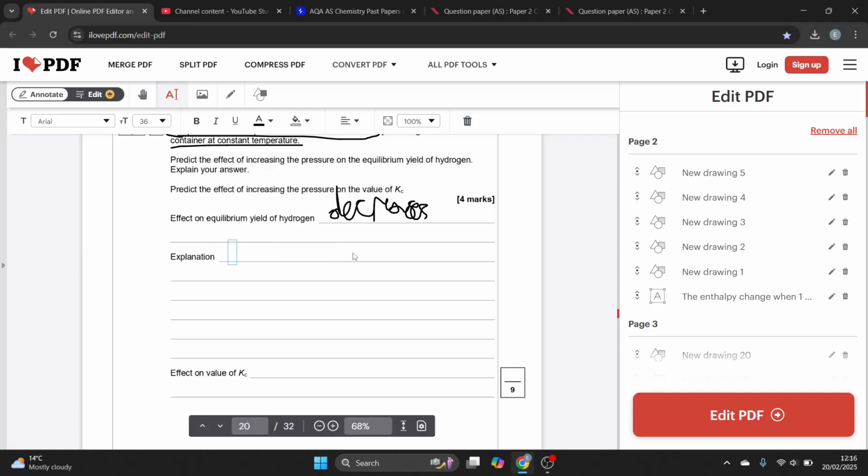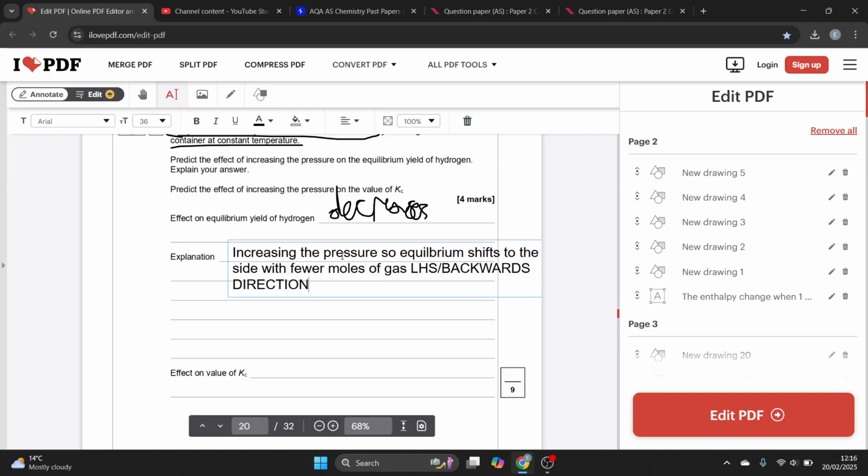And then explanation, that's really where the big majority of marks goes. And you need to be very specific. So increasing the pressure, equilibrium shifts to the side with fewer moles of gas. The left hand side shifts backwards in direction to oppose the increase in pressure, to decrease pressure.